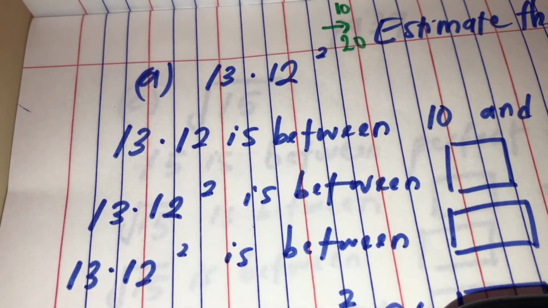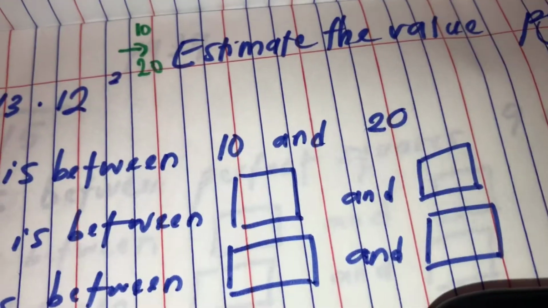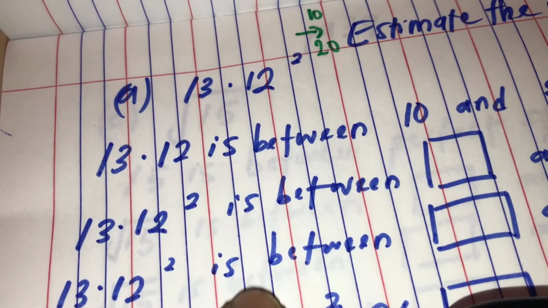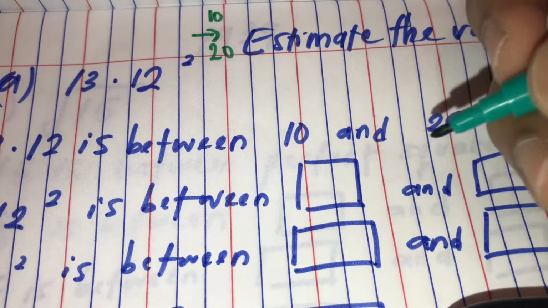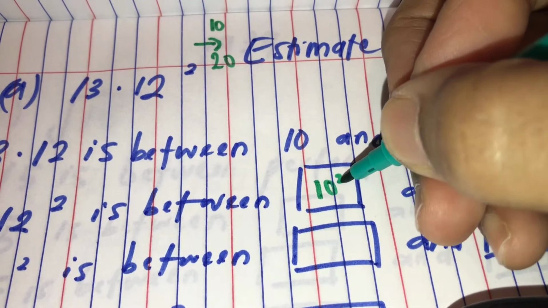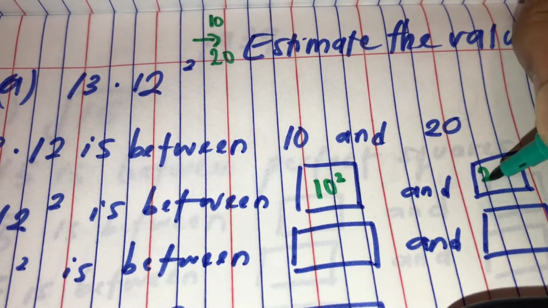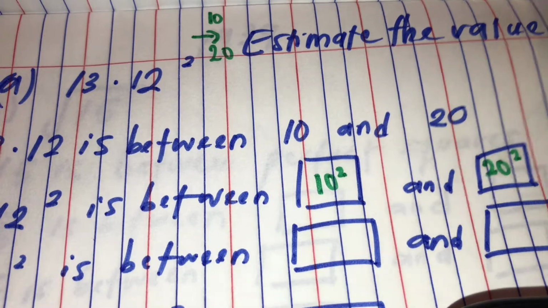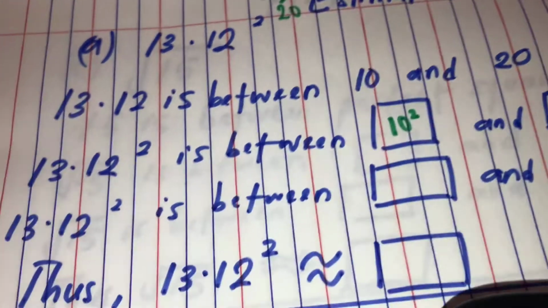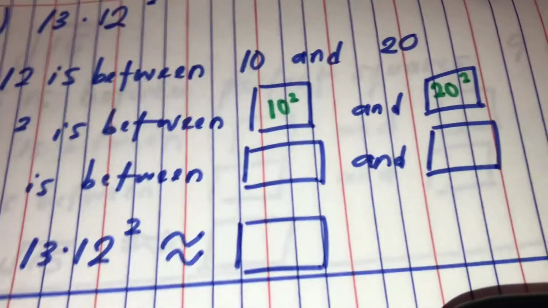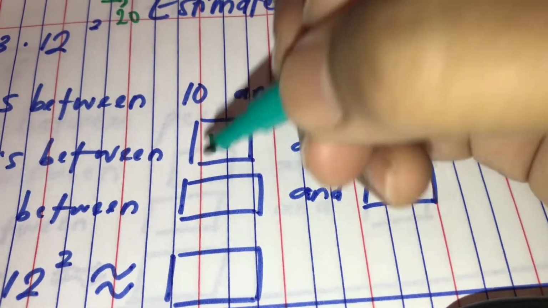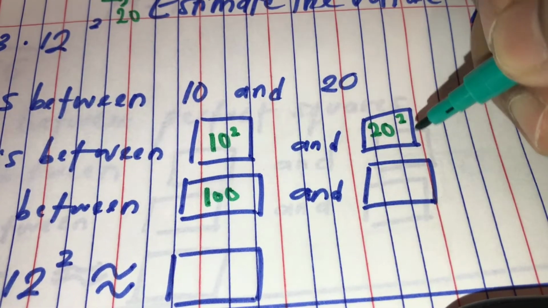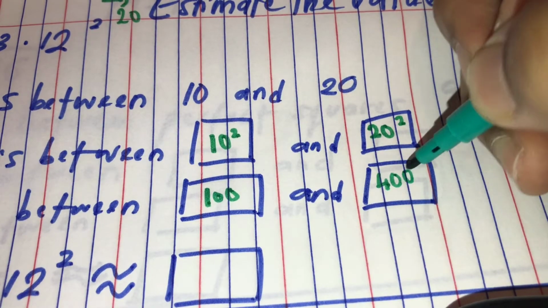Then 13.12 squared is between, just copy back 10 and 20 and put squares: 10 squared and 20 squared. Then you square these: 10 squared equals 100, 20 squared equals 400.